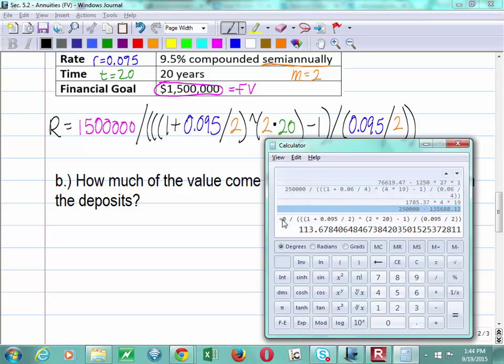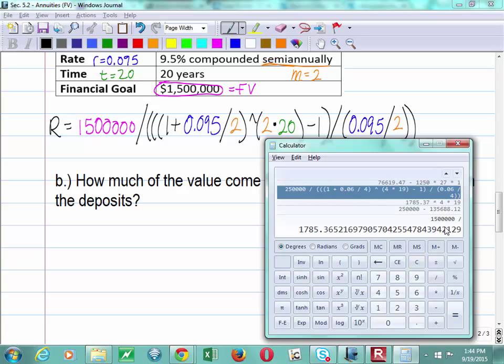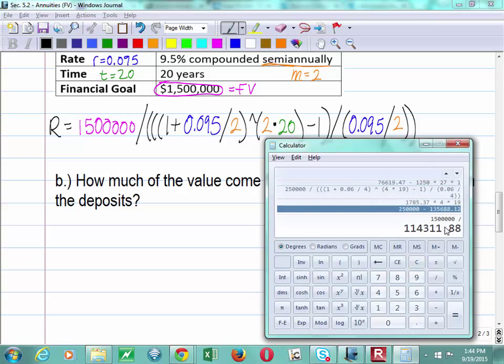So, you can always see what you actually typed in. Oops. Guess I just erased what I just did. That's not cool. Try that again.